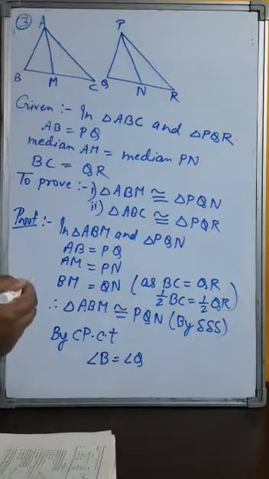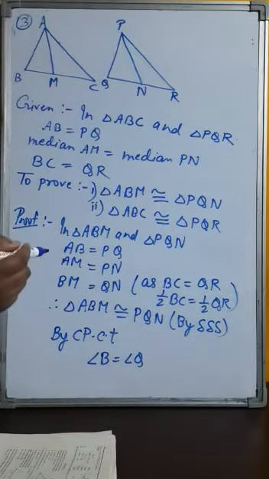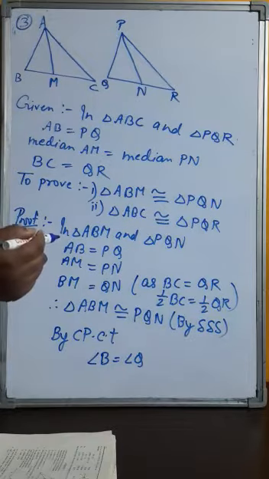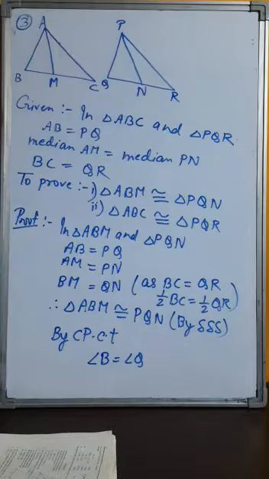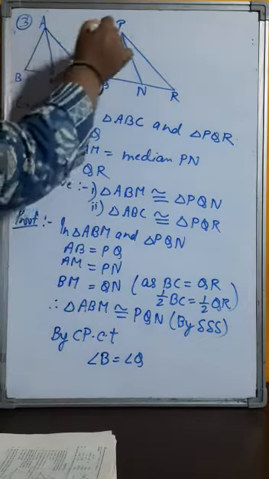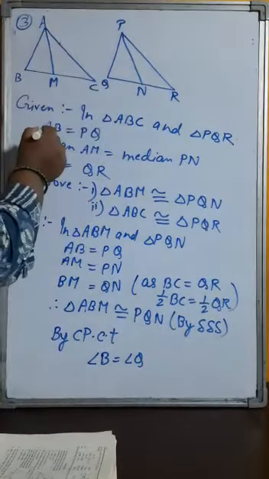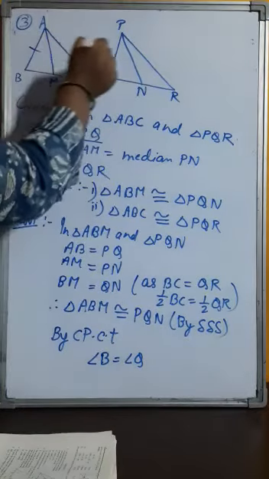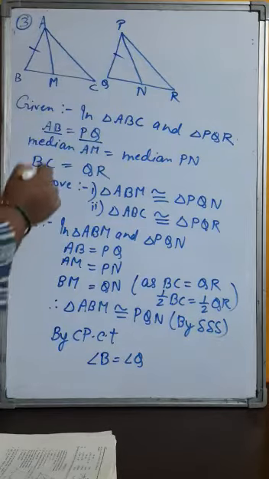Question number 3 says 2 sides AB and BC and median AM of one triangle ABC are respectively equal to the sides PQ and QR and median PN of triangle PQR. We have to show that triangle ABM is congruent to triangle PQN and triangle ABC is congruent to triangle PQR, which I wrote here. You can see AB is equal to PQ.